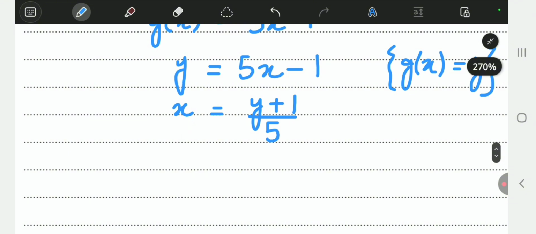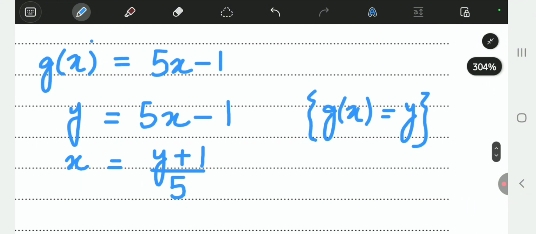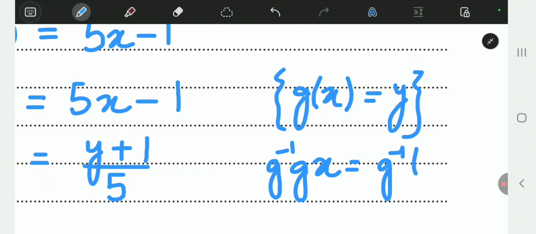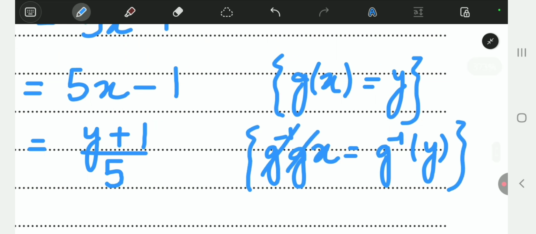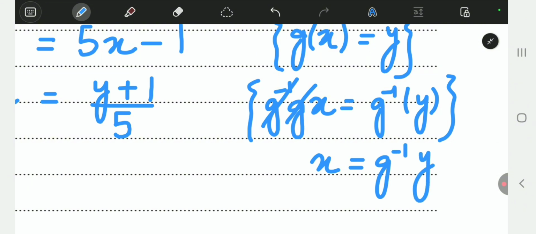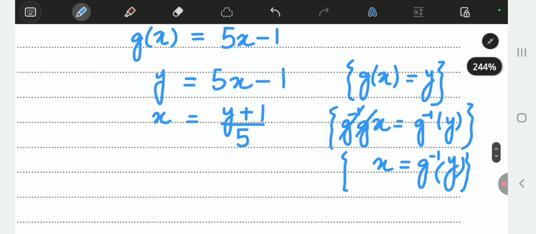Now we know that if we take x from here, if we multiply the g inverse on both sides, as g and g inverse are opposite operations like multiplication, division, addition, subtraction. So if we multiply g inverse on both sides, what will happen? G and g inverse will be cancelled and x will be equals to g inverse of y. Okay, so from here we will be putting x equals to g inverse of y.